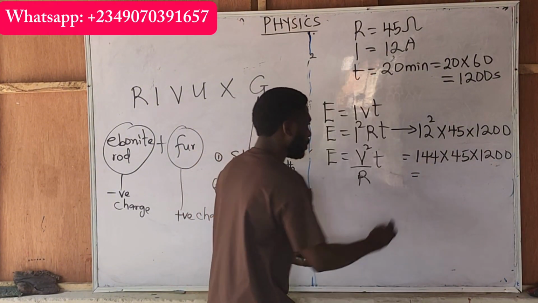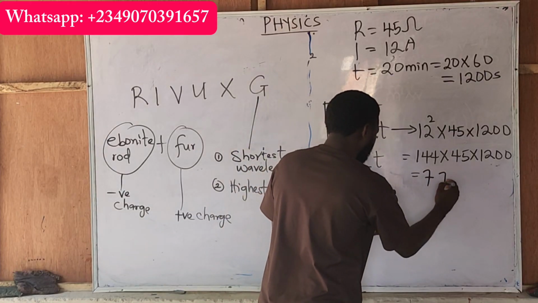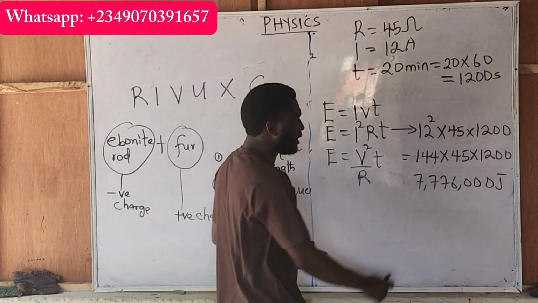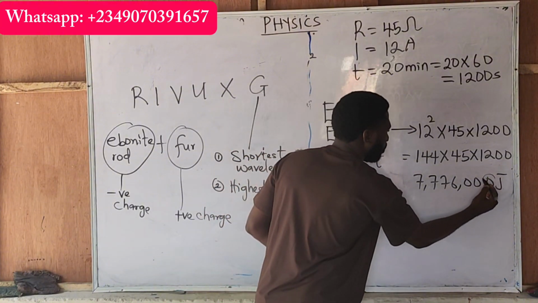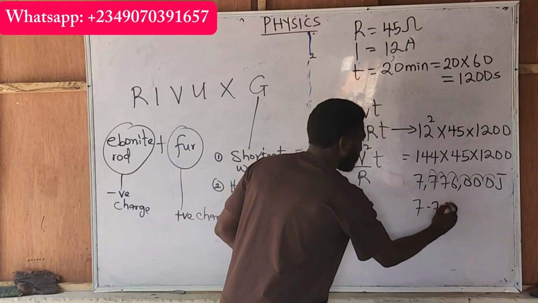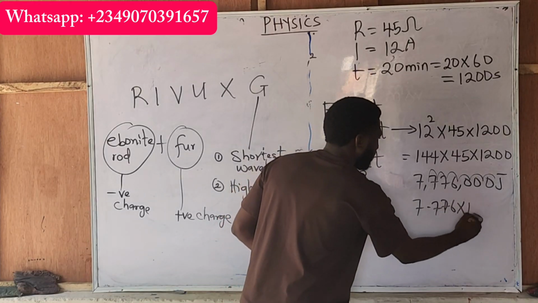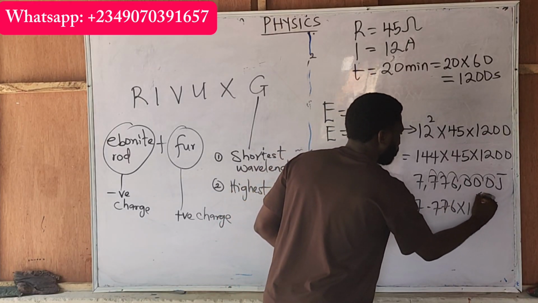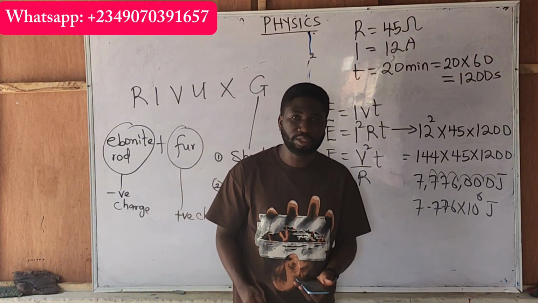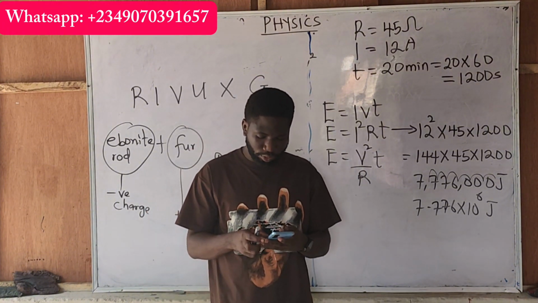So this will give us 7,776,000. To change this to standard form, we are going to have 1, 2, 3, 4, 5, 6. That will give us 7.776 times 10 raised to the power 6 joules. So this is the answer, 7.776 times 10 raised to the power 6 joules.